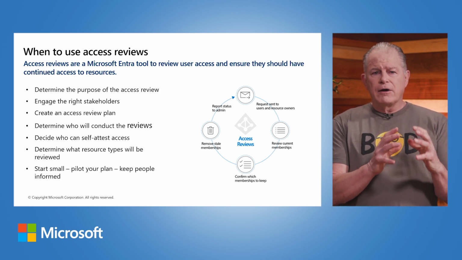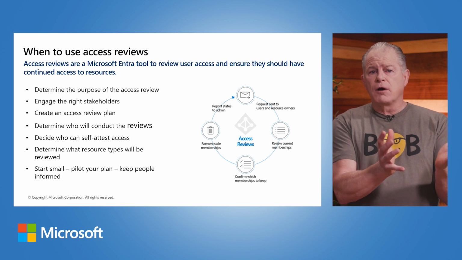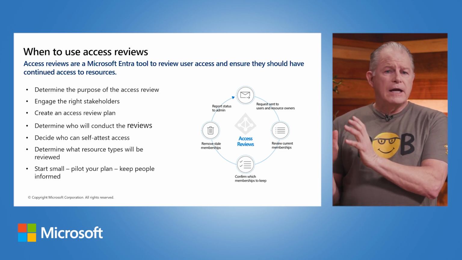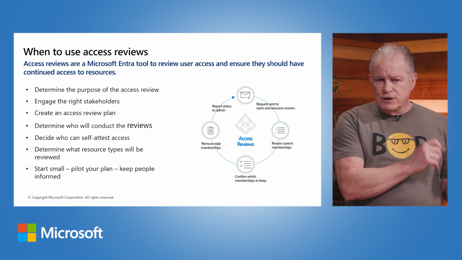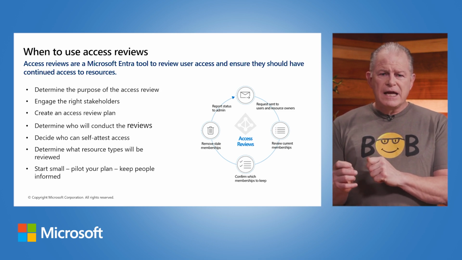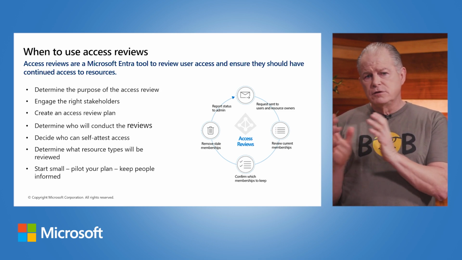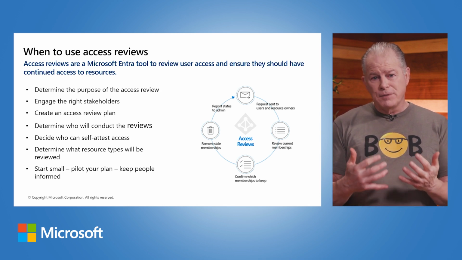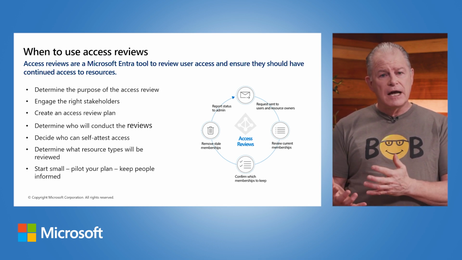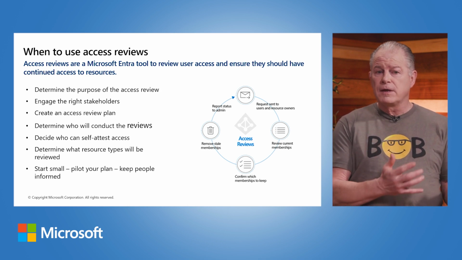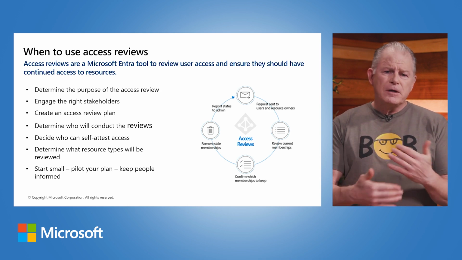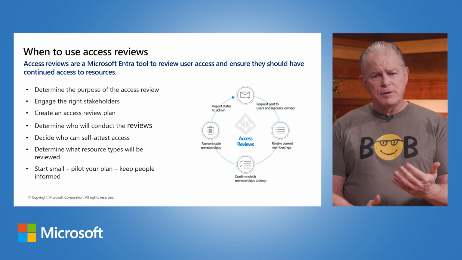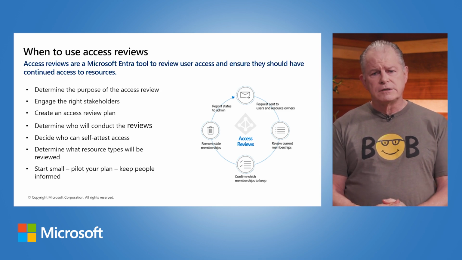So now I may have a group for HR managers, and I may have a group for HR users. I put individuals into those groups and I assign the roles to the groups. And through that group membership, you get the permissions or the capabilities that are assigned to the role that is assigned to the group that you're a member of. So that's been a long standard for many organizations. You might be doing that hopefully right now in your own organization.